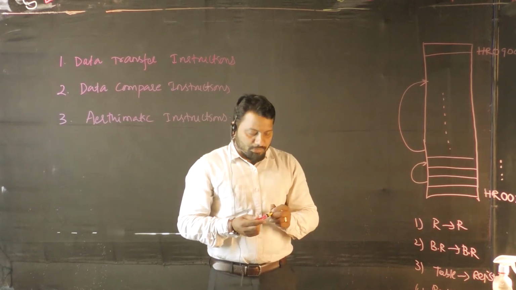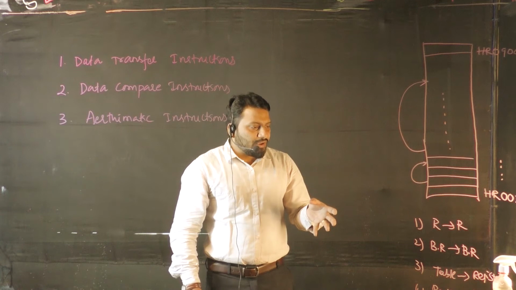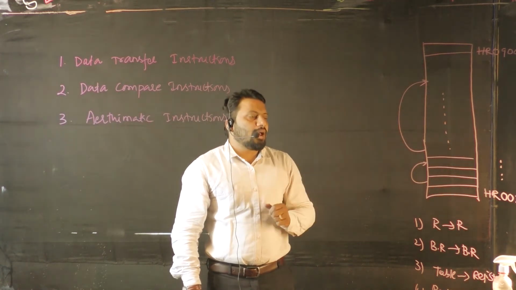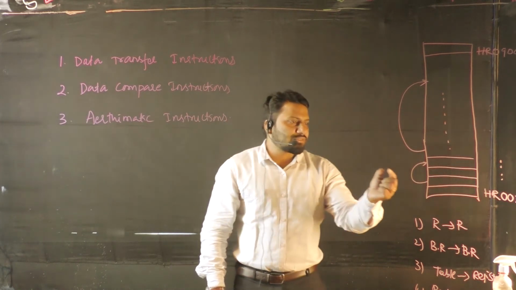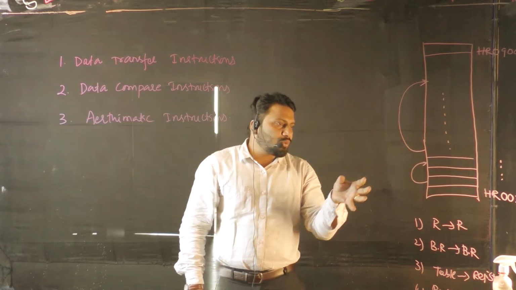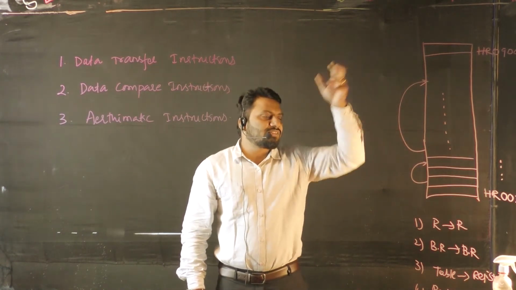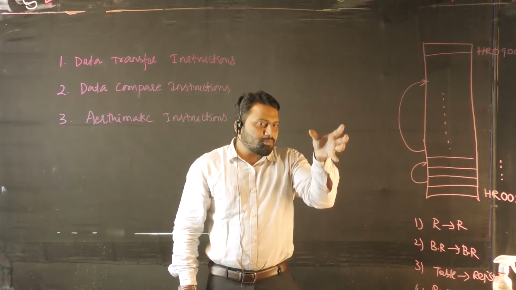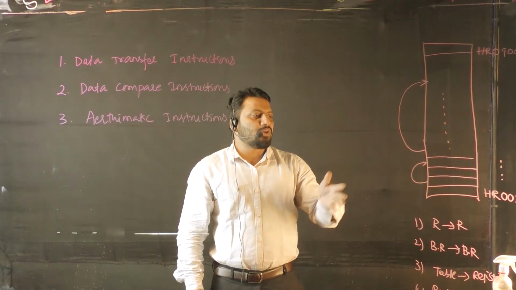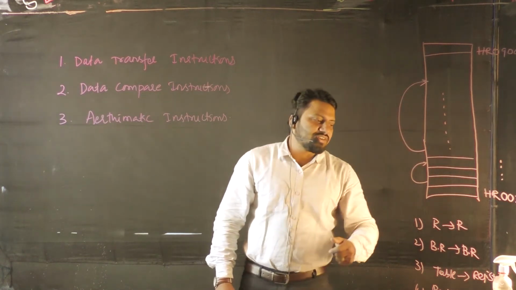Register to table, right? So these are four possible ways of data transfer from one location to another location. Sometimes register to register data transfer is required. Sometimes more than 2 registers of data are moved to more than 2 sequential registers. Sometimes from a table of 10 registers, data is moved one by one, sequentially, to the destination register.